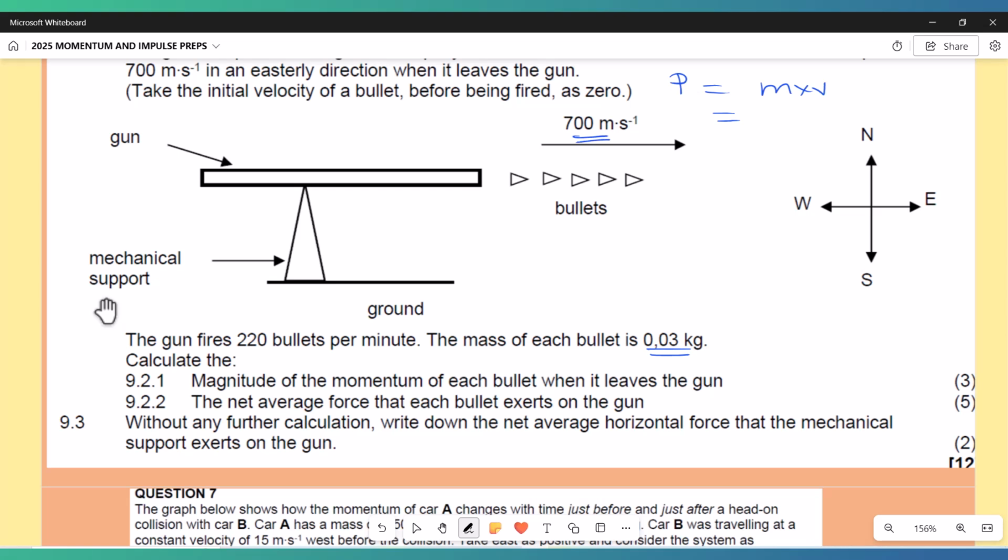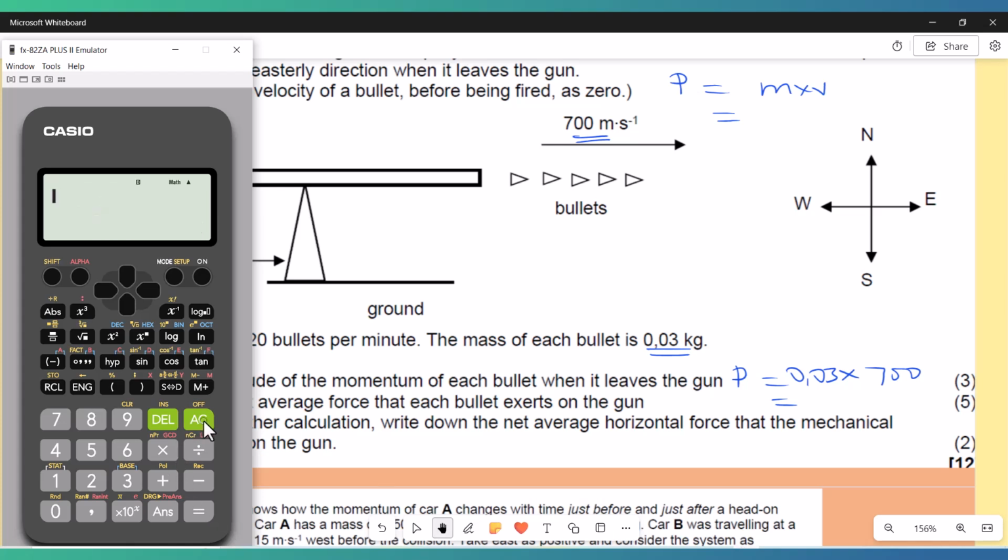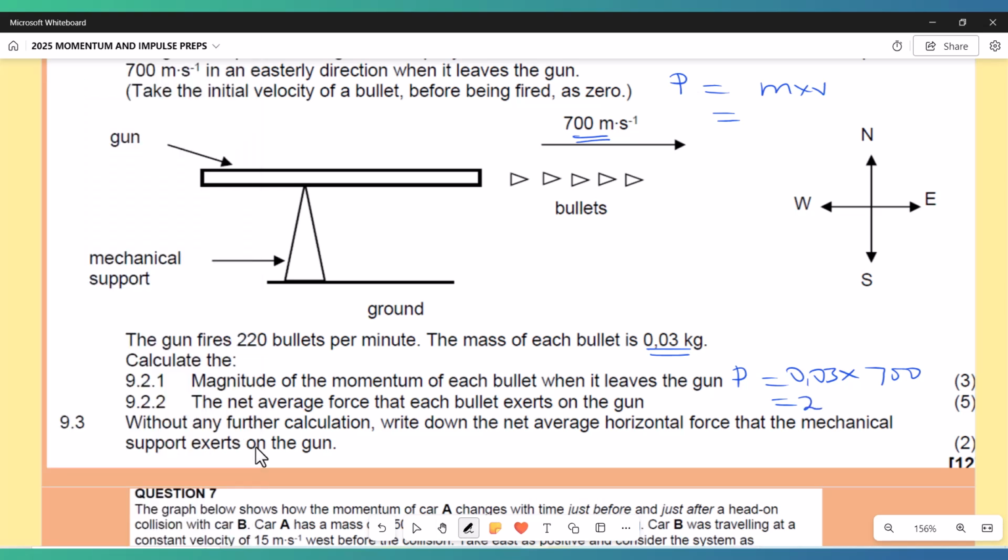So our momentum is given by the mass 0,03 times 700, which gives us 21 kilogram meters per second.